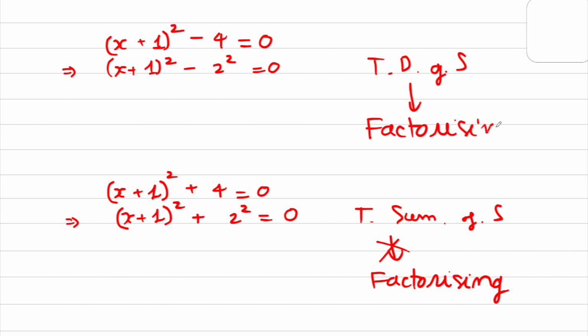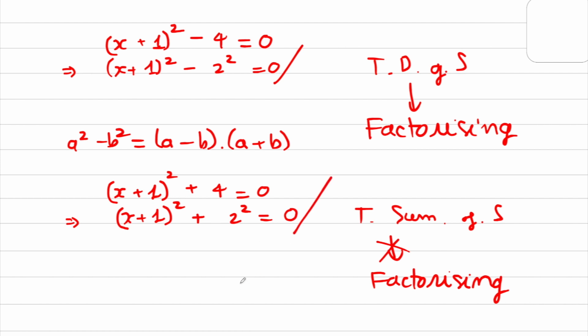It's very easy because the formula tells you the factorizing form between a² and b². So from here you can factorize, but for the second one you cannot factorize. That's why you cannot solve this equation. This equation will have no solution.